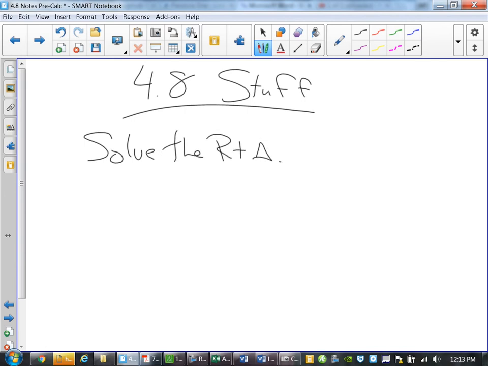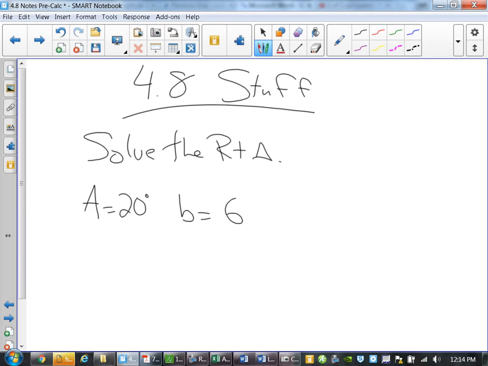And when you solve a right triangle, how many parts do you need to work with? 6, because there's 3 angles and 3 sides.